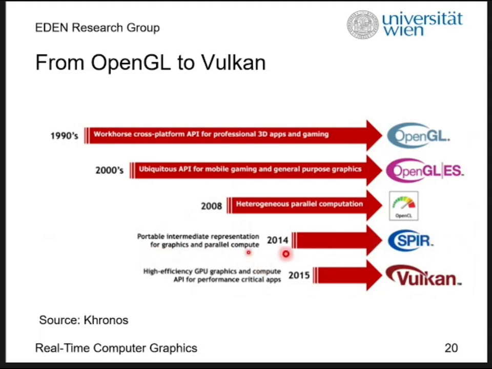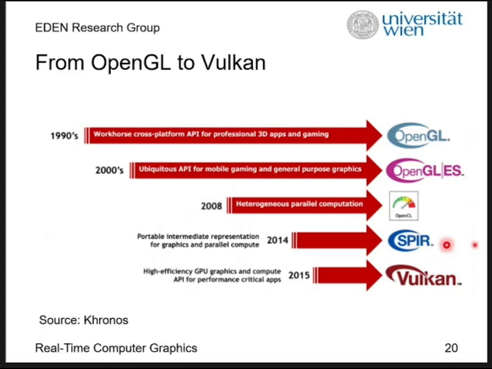Here we have also something that's called SPIR-V. We will see this in a couple of slides. This is for representing graphics and parallel compute stuff, and Vulkan will make use of this. This is the intermediate representation of our shaders. So when we create shaders, we create source code, we compile the shaders into SPIR-V, and this is then what we feed into the graphics card.